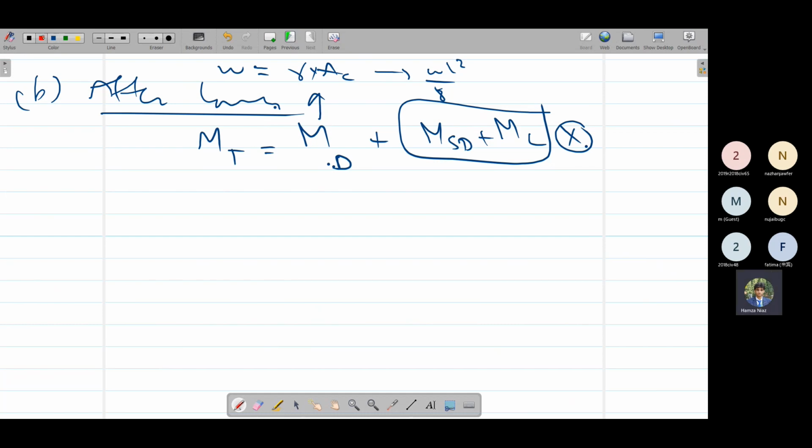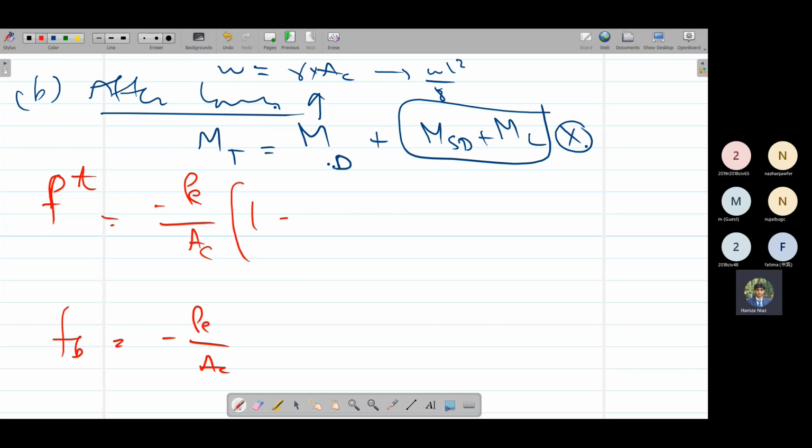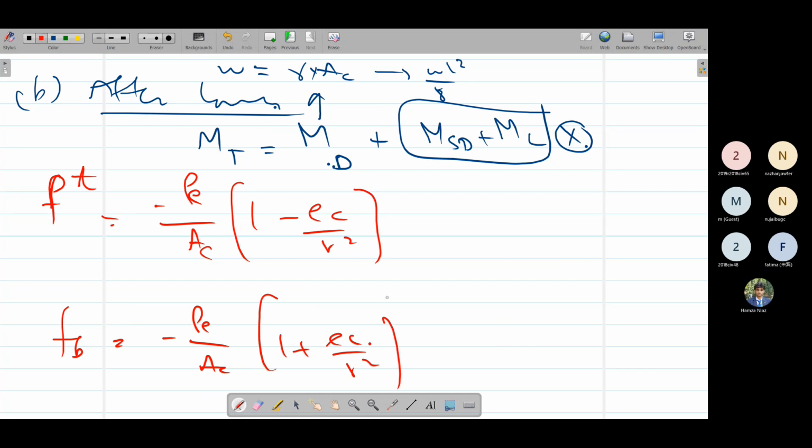So our equation would become F top and F bottom, same equation, minus PE over AC, times 1 minus EC over R square, and 1 plus EC over R square. The difference is that we have to write M total here.